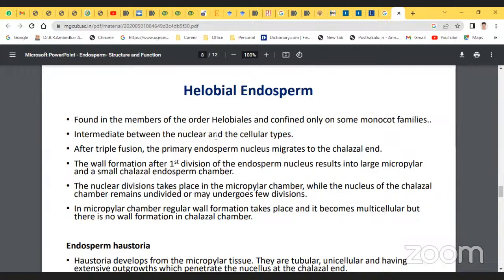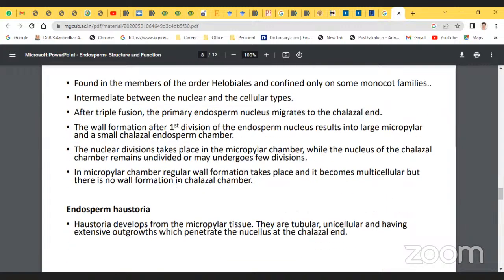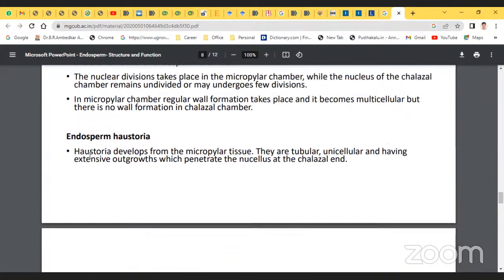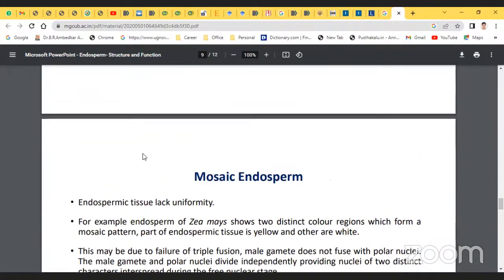These are the details regarding helobial endosperm. It also has endosperm haustoria. The haustoria develops from the micropylar tissue. They are tubular and unicellular, having extensive outgrowths that penetrate the nucellus at the chalazal end.